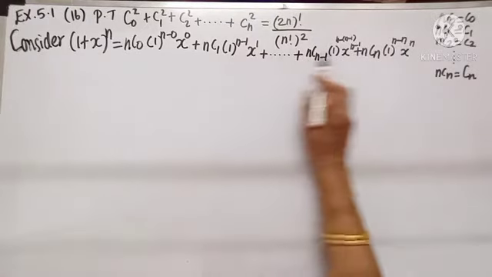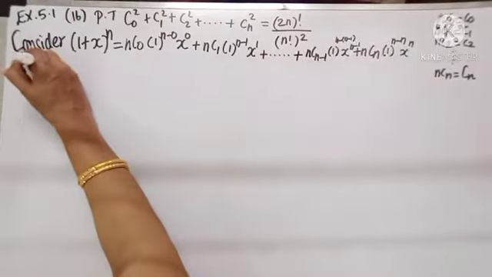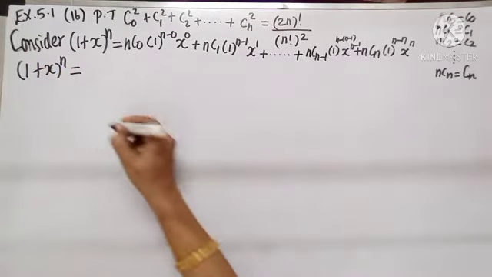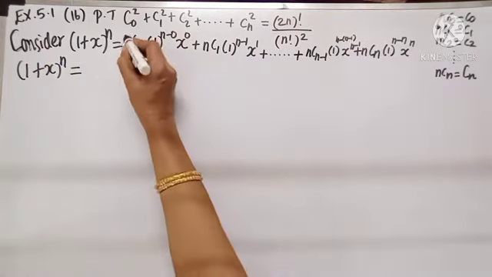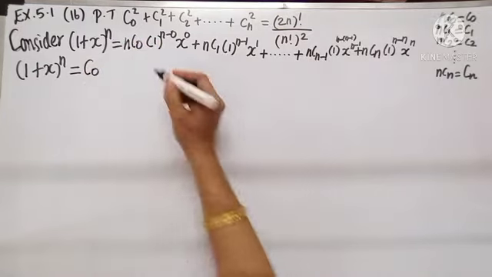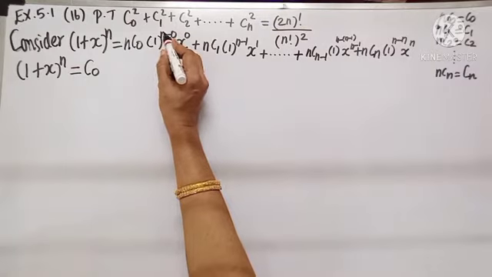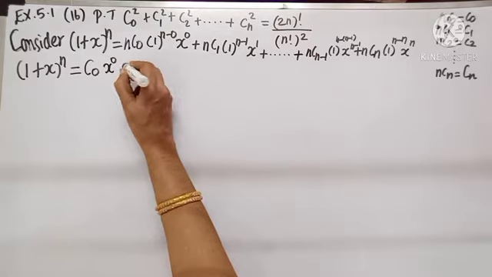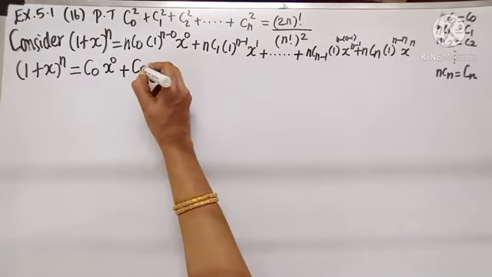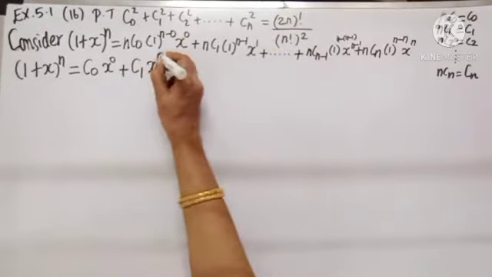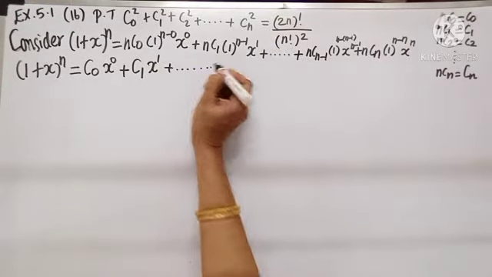So I can rewrite the same expansion: (1 plus x) the whole power n is, instead of nC0, I will write C0, 1 power anything is 1, ignore, x power 0, plus nC1, I will write C1, 1 power ignored, x power 1 and so on.